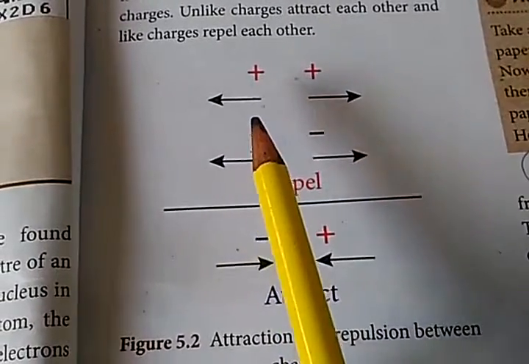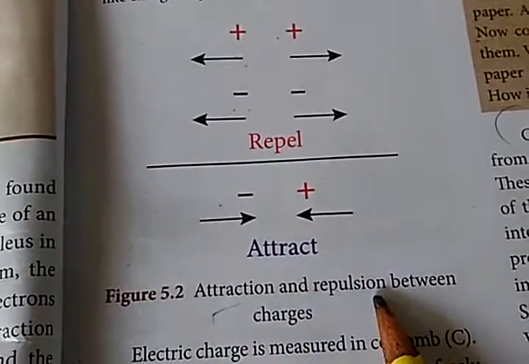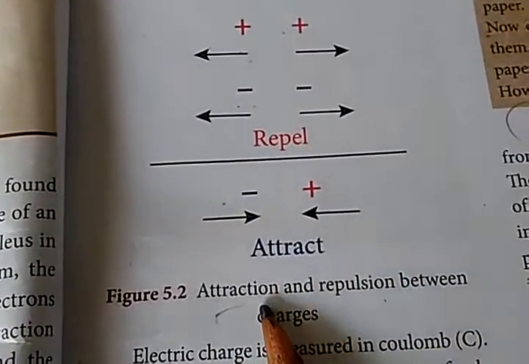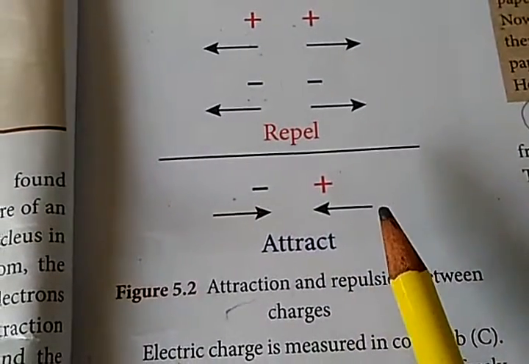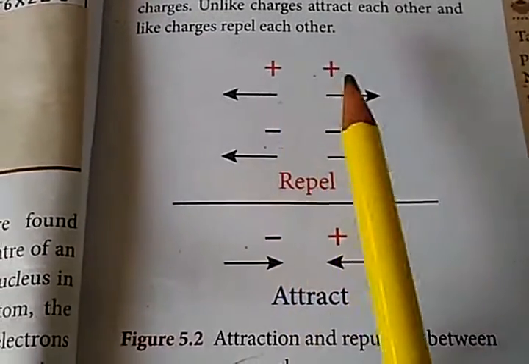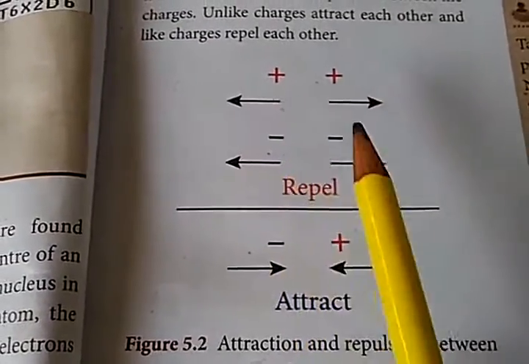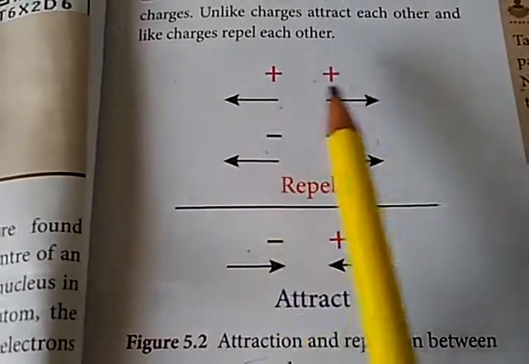There is a force of attraction or repulsion between the charges. Here like charges repel each other. The arrow mark denotes repel each other.